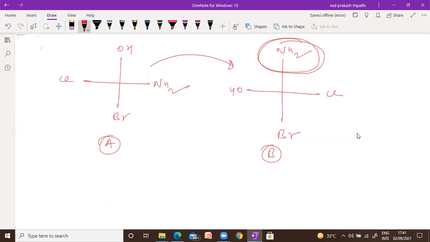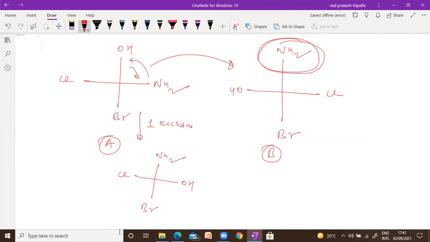So I will convert NH2 over here and OH should come here. So this is just one exchange. After one exchange, the structure must be like this: OH, NH2, Cl, Br.